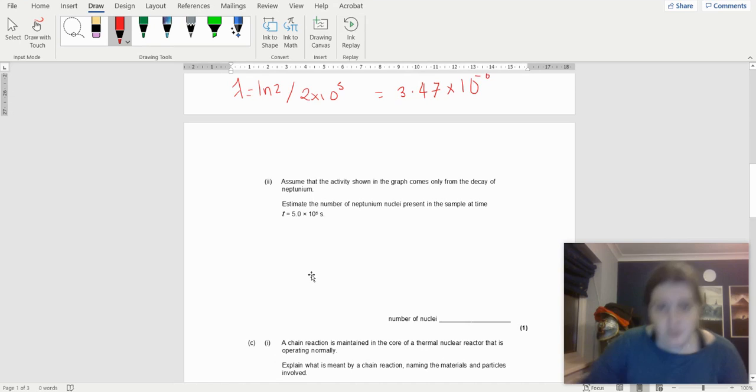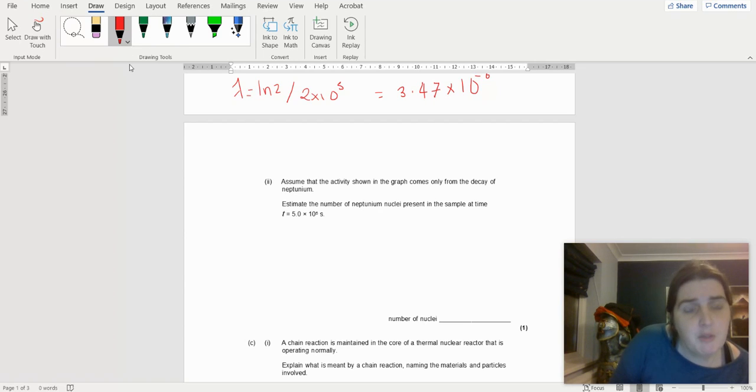So, assuming the activity comes from only decay of neptunium, estimate the number of neptunium nuclei present in the sample at time t equals 5 times 10 to the 5. What I'm going to be using here is the formula A equals A naught e to the minus lambda t, because I want to get a really good answer.